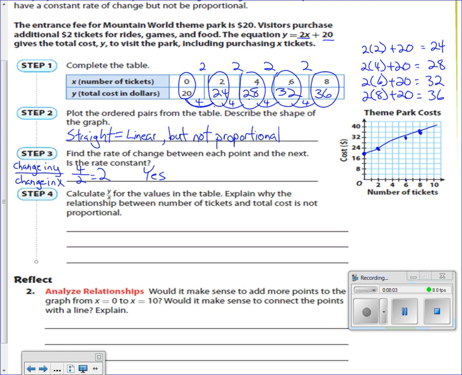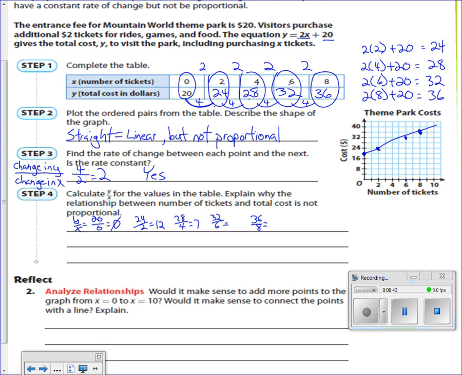So if I do y over x for each one, 20 over 0, can't divide by 0. 24 divided by 2 equals 12, and 28 divided by 4 equals 7, 32 divided by 6 doesn't come out even, and neither does 36 divided by 8.